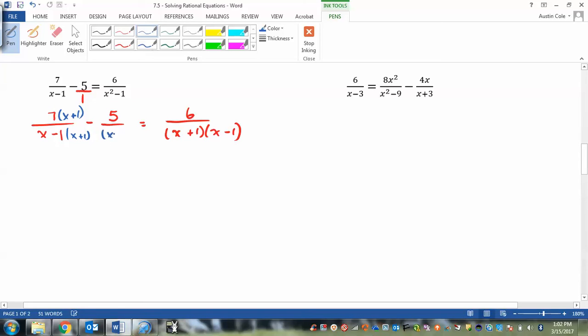It's going to be x plus 1, x minus 1, x plus 1, x minus 1. Now, if we notice, all of our denominators are the same. So if you don't want to write it all out, we can just write out the numerators. Just be careful that we are including everything. So I'm just going to scratch off the denominators now.